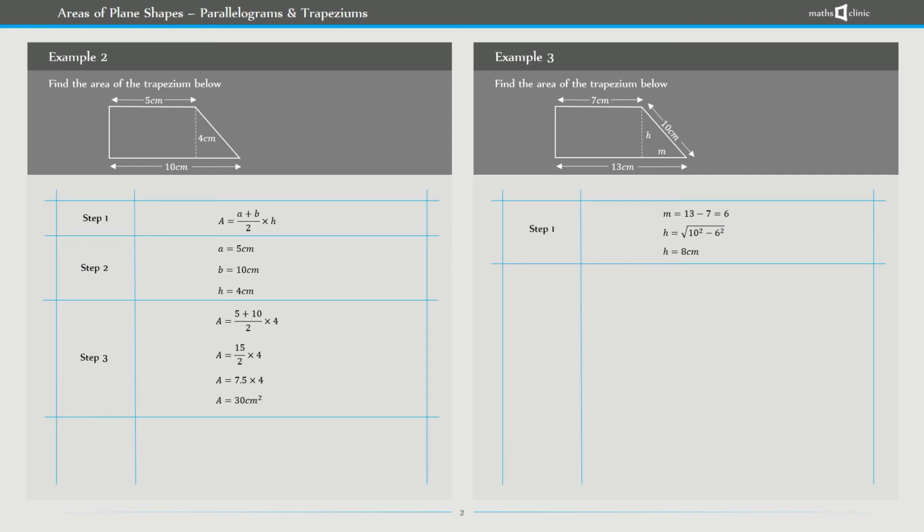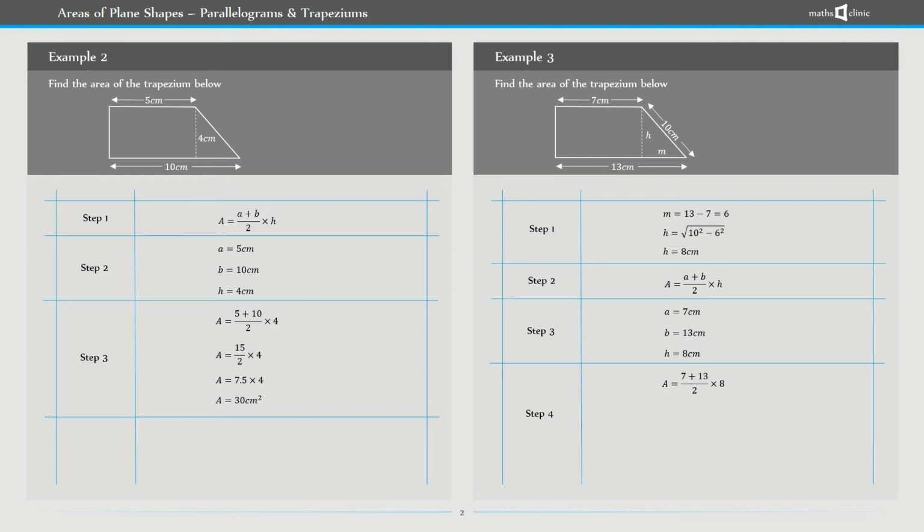Okay, now that we have H, we can now go ahead and work with our formula. The area is A plus B divided by 2 times H. Okay, and I can identify my parameters as A equals 7 cm, B is 13 cm, and H as 8 cm, and just go right ahead and put all of that into my formula.